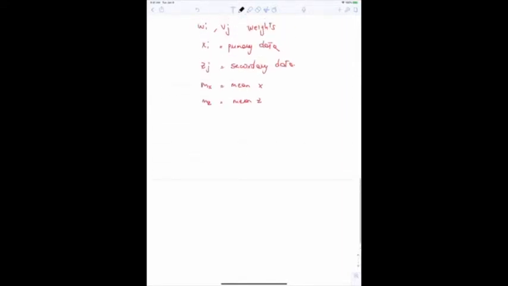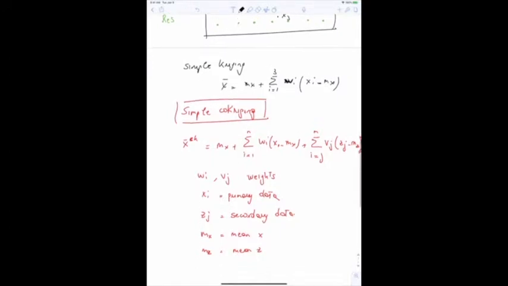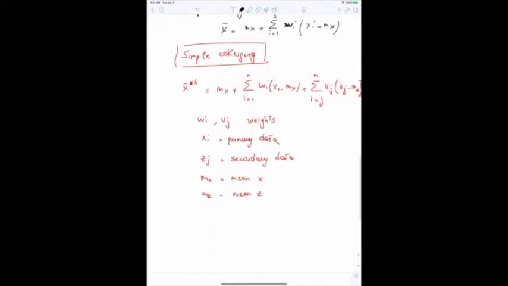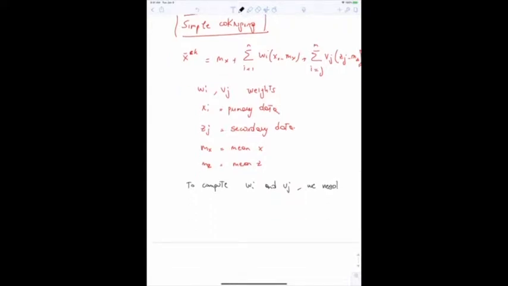Okay, now the simple co-kriging is actually pretty complicated to do, despite the name simple. And the reason is that, in order to compute wi and vj, we need the covariance function of the primary variable.